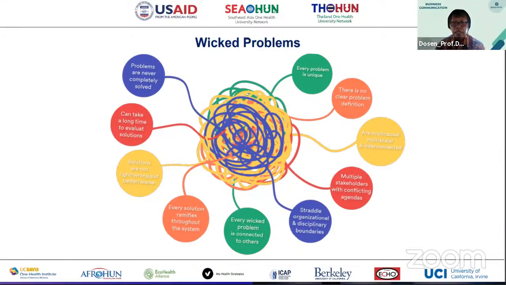So every problem is unique, like what we have now, COVID-19 is very unique, and then the problem definition is that everybody has a different perspective, and this is difficult. Also there are multiple stakeholders, not only the veterinarian and physician, but also social sciences and any other disciplines that should work together.